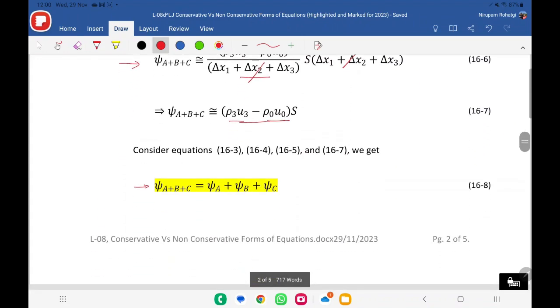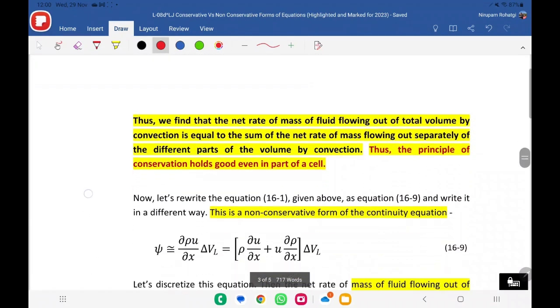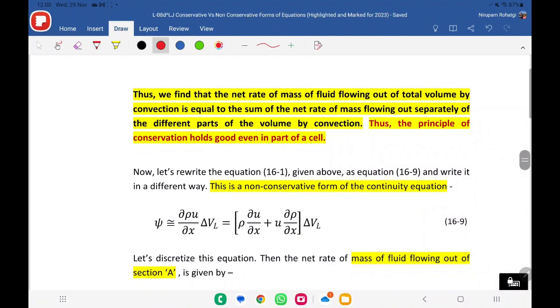Now let us take a different form. Thus we find that the net rate of mass of fluid flowing out of the total volume by convection is equal to the sum of the net rate of mass flowing out separately of the different parts of the volume by convection.